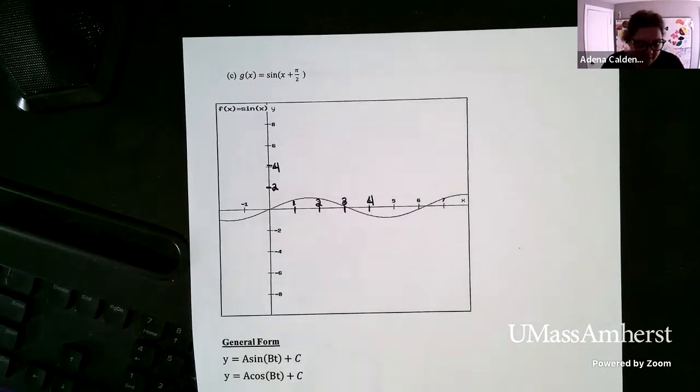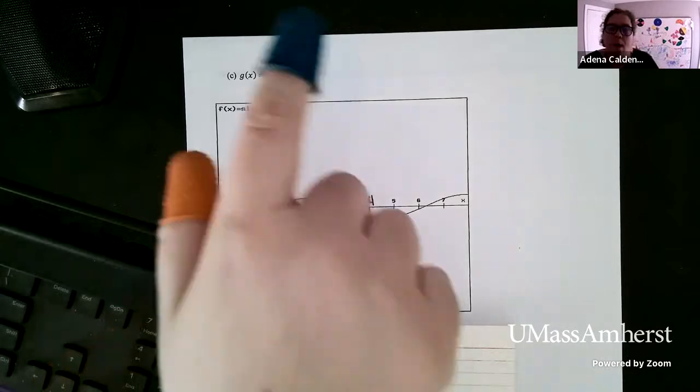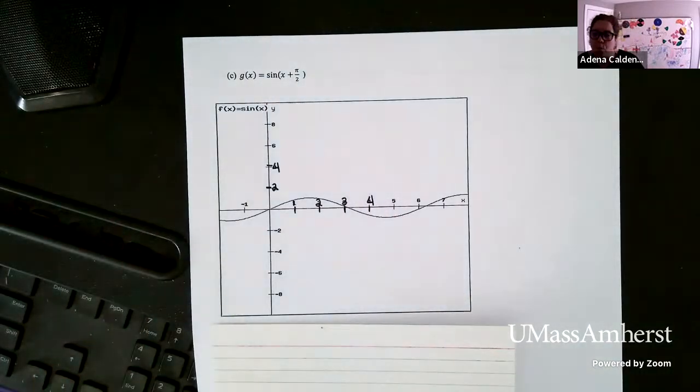So I want you to take, I don't know, a minute and a half. See if you can figure out what impact that pi over 2 will have.